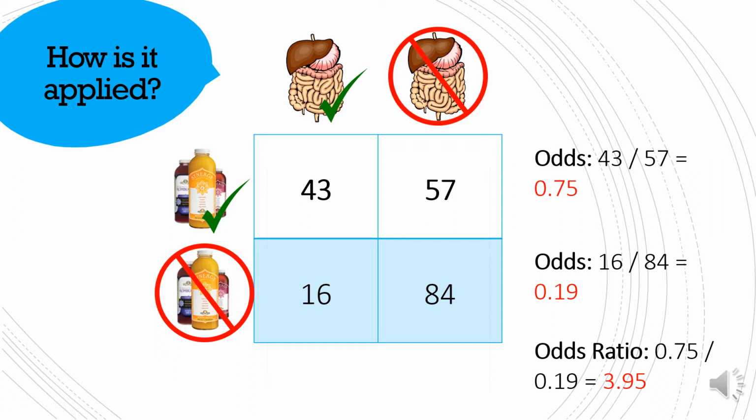These odds tell us the likelihood that each person in the groups of 100 had the outcome of improved gut health. Now to compare the two groups, we find the ratio of these odds. This is done by dividing the odds of the first group, 0.75, by the odds of the second, 0.19. This gives us an odds ratio, or OR, of 3.95.